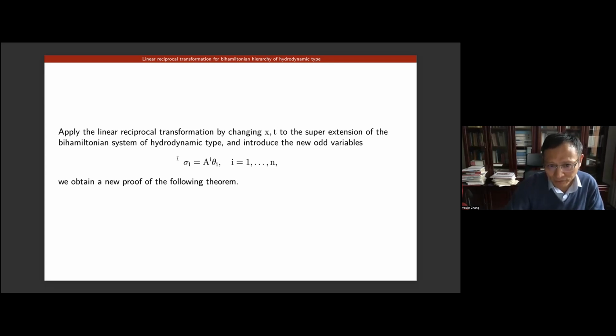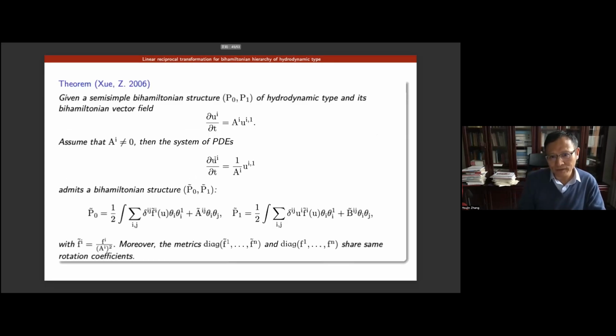Similarly, we need to introduce new odd variables sigma 1 to sigma n in terms of the original odd variables. Then by using this method, we can obtain the original theorem given by Tingshu and I in 2006.